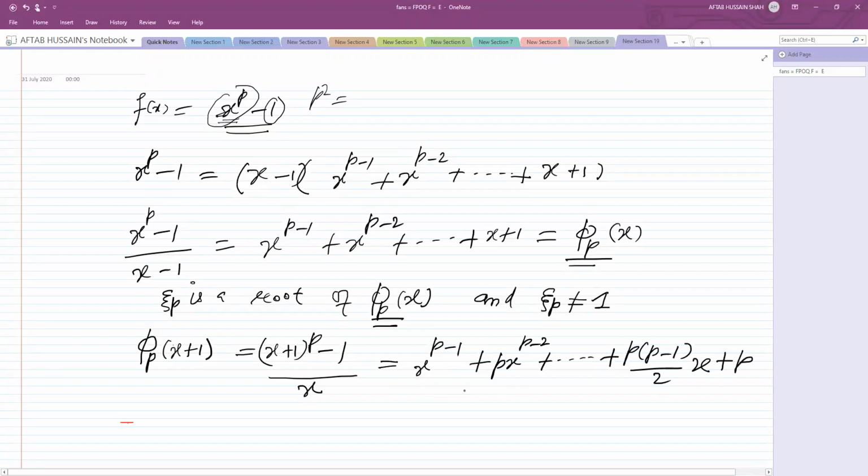You can expand this by applying the binomial theorem, and then you divide this by x, and then you will get this polynomial.